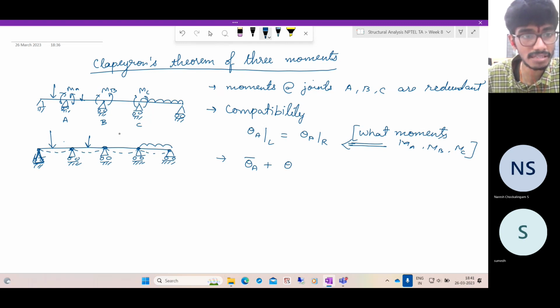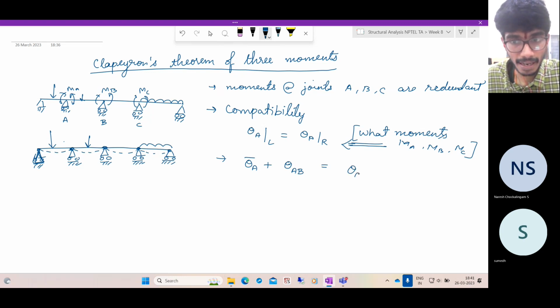So the system of equations we have will at a time contain only 3 moments. That is, we have something like theta A bar, suppose it is due to the applied loading, plus theta AB, which is caused by the moments, should be equal to theta A double bar, what is obtained on the right hand side.